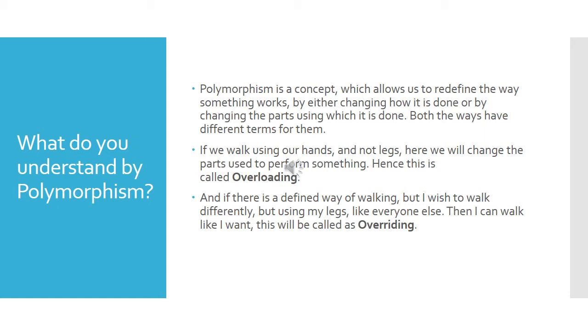Another example is when functions with similar signatures still exhibit different properties, which is called overriding. For example, your legs can be used for walking as well as jumping. So that is exhibiting a polymorphism called overriding. So polymorphism in other words can be said as exhibiting multiple forms.